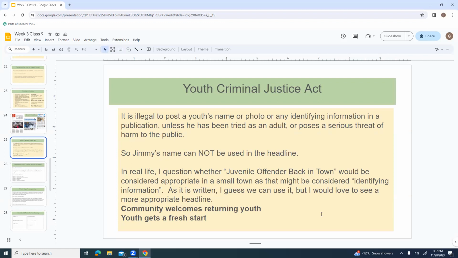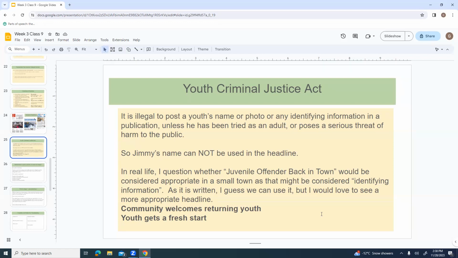Or if they posed a serious threat of harm to the public. So let's say the youth escaped from the police and was, I don't know, on a murderous rampage or whatever, then they could report it so people knew who it was, or they could post a picture of the guy. But in general, we're not supposed to.